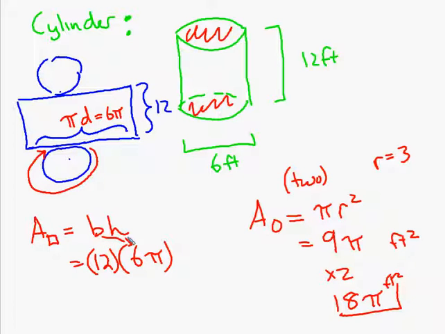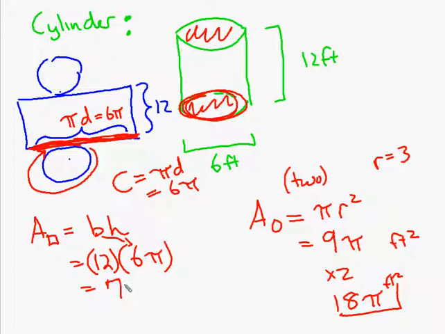Because look, it's a circle, and this is wrapped around the circle. So this length is the circumference of the circle. The circumference of the circle is pi d. D is 6, so 6 pi. Hence, this length is 6 pi. So 12 times 6 is 72 pi, and I only have one of those.